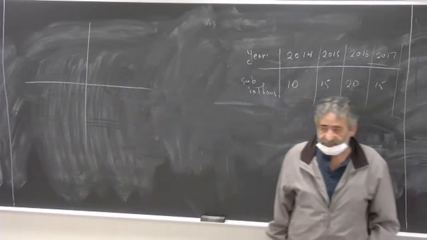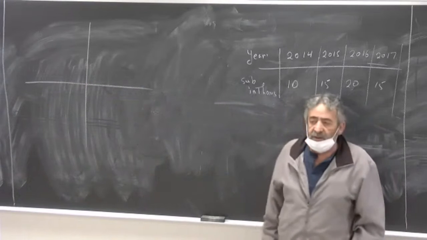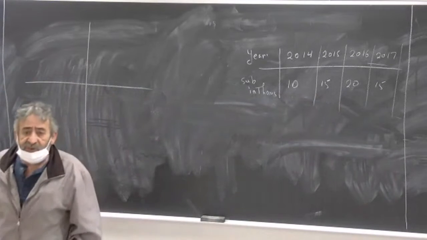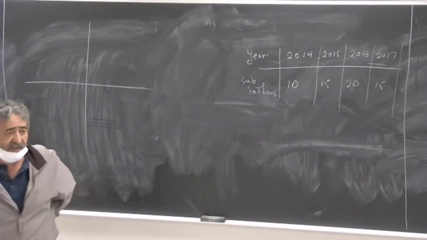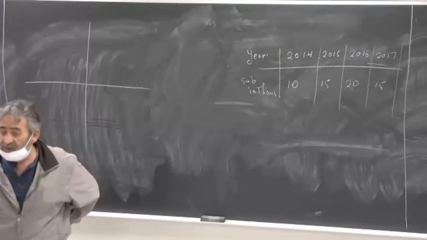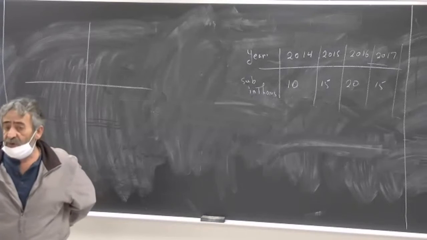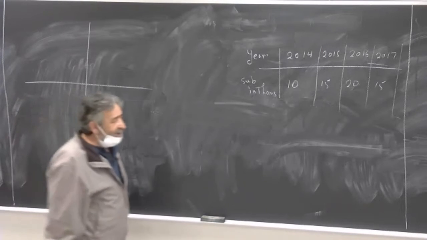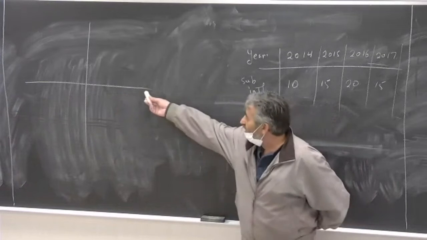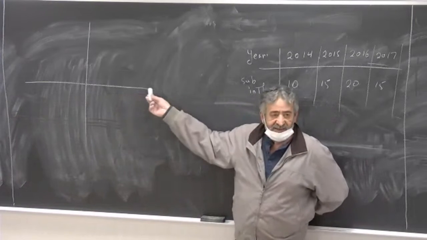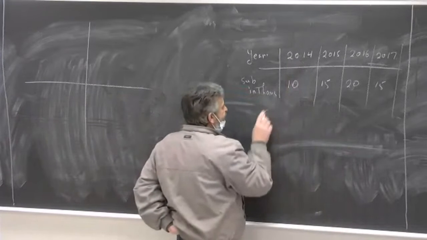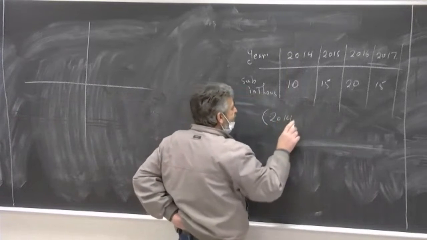If you're given a choice, then the first step you want to do is choose which axis should represent the year and which axis should represent the number of subscriptions. And accordingly, the point changes. For instance, if I choose the year to be the horizontal axis, then the first point on that line would be 2014, 10.